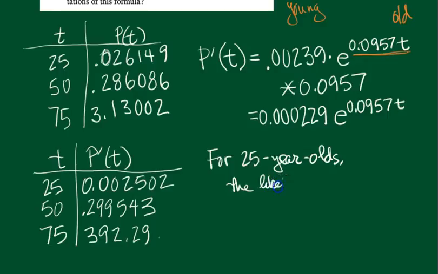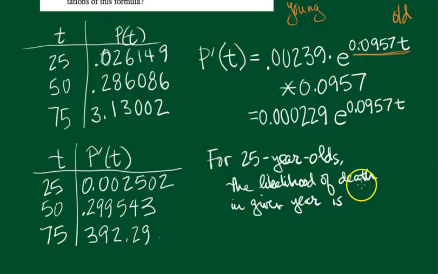Let's see, the likelihood of death in a given year is 0.026%.